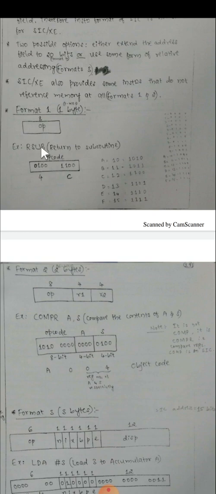In front of this RSUB instruction, after the space, we have not written any register, and we have not written any variable or operand which uses memory. So this format number 1 is not using memory at all. Only the instruction is there, that is the RSUB instruction.